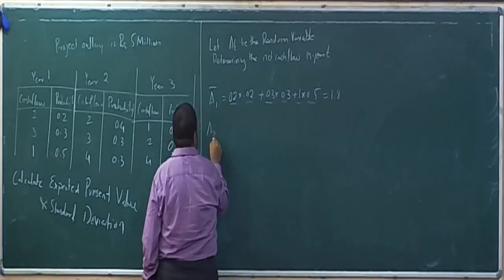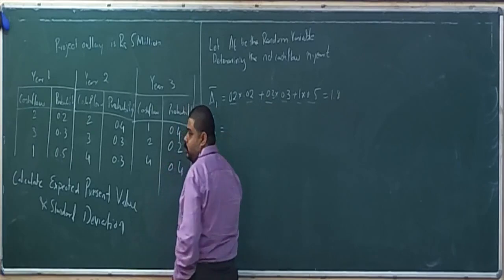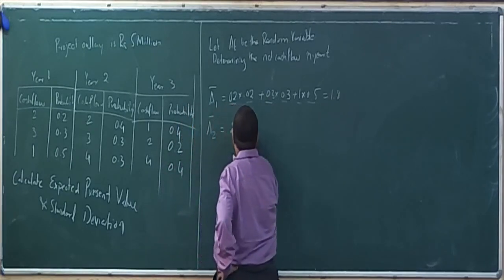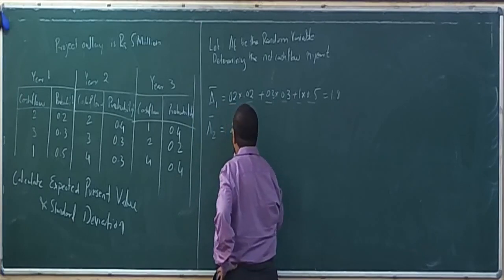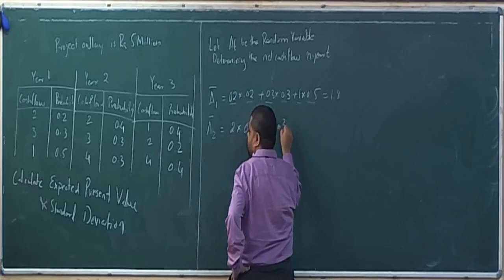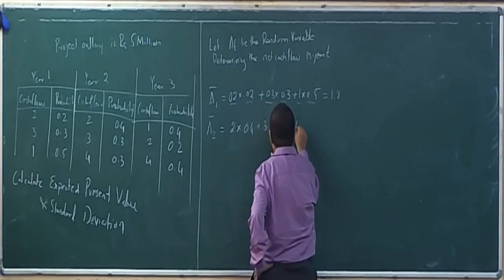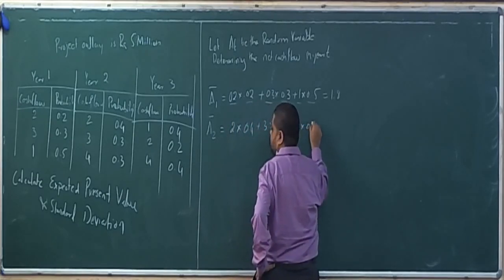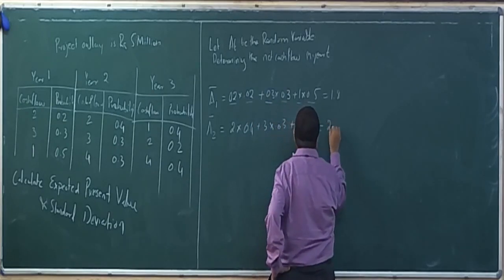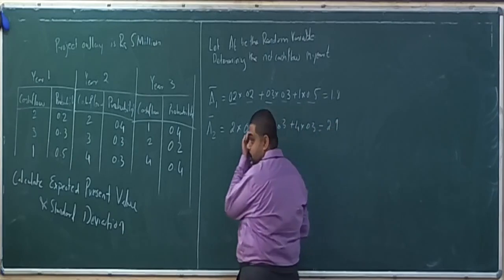Similarly, A2 bar is equal to 2 into 0.4 plus 3 into 0.3 plus 4 into 0.3. If we calculate, we get 2.9.